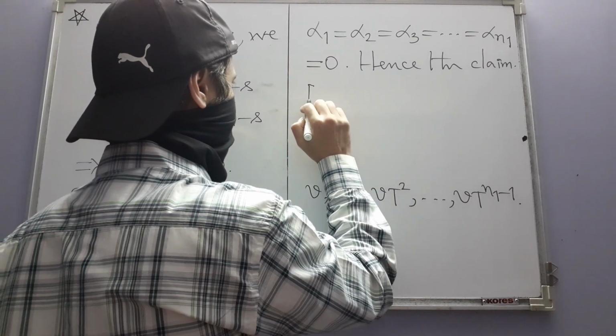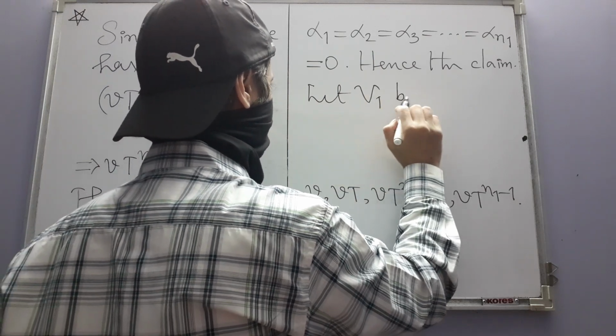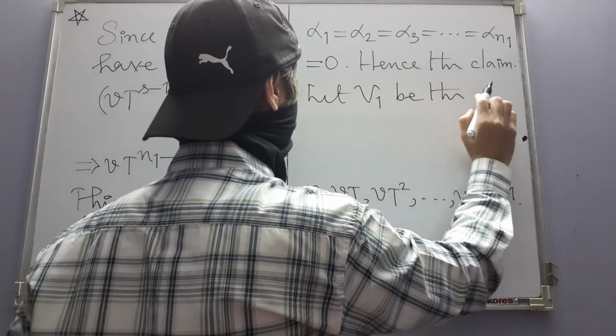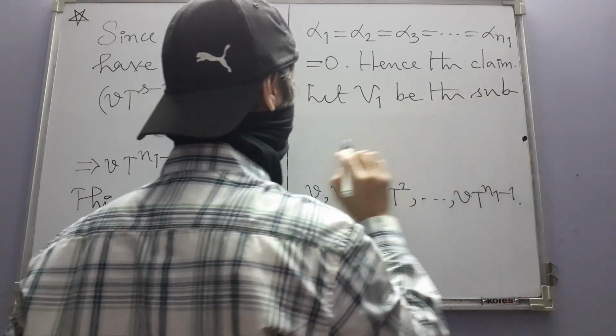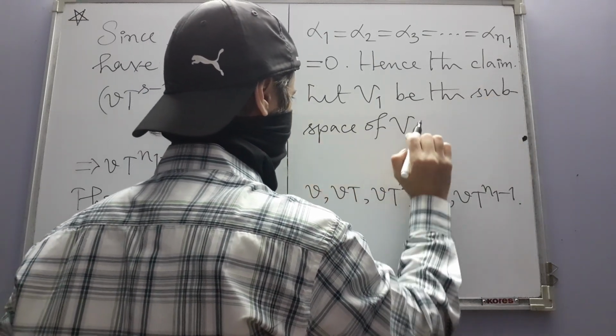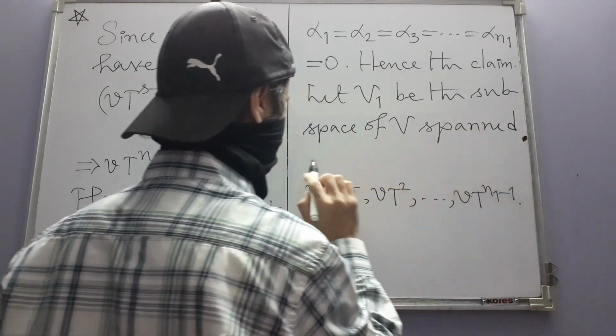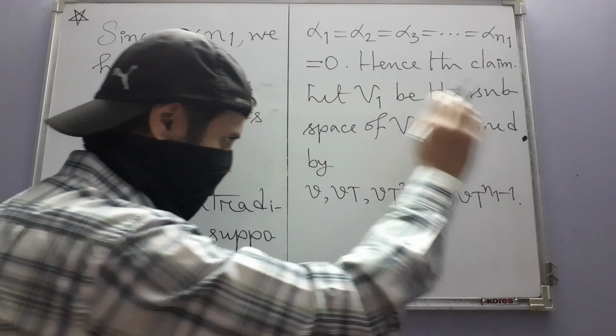So let V1 be the subspace of V spanned by these vectors.